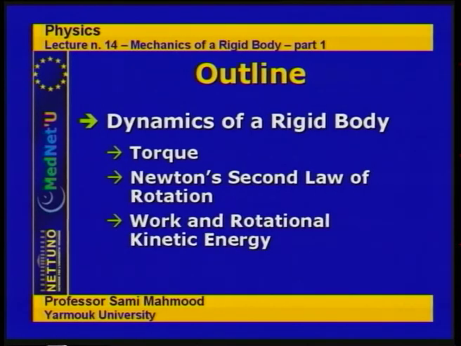We will concern ourselves after that with the work of an external agent and the resulting rotational kinetic energy and the relation between the two, the work done and the rotational kinetic energy, just in a similar fashion to what we have done for the translational motion.